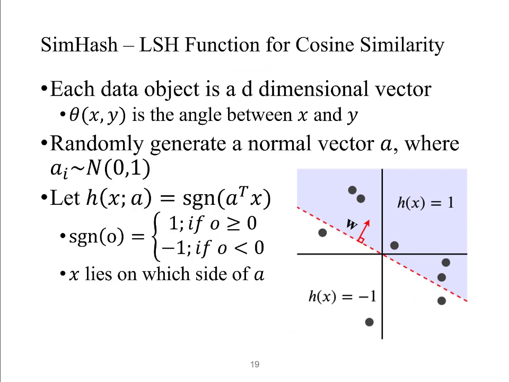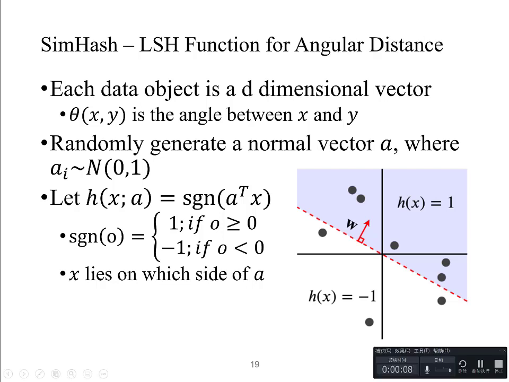Now let's look at the LSH function for cosine similarity or angular distance. Now each data object is a d-dimensional vector. Okay, it's no longer a set, because we're talking about the angular distance, which is the angle between two vectors. Right.